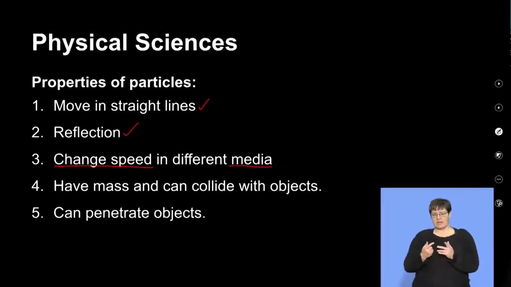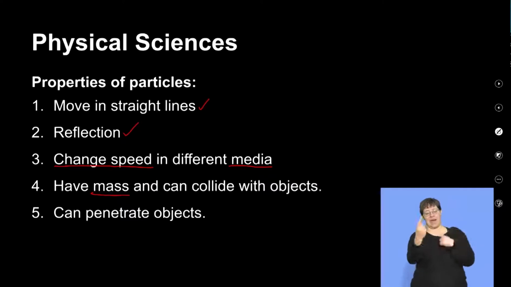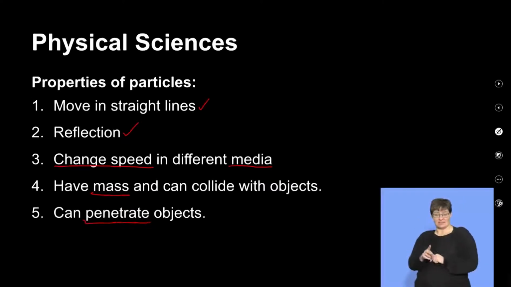Our tennis ball also has a mass, and that's how we are able to consider it a particle. And it is this mass that means it is able to collide with other objects. And the last property of particles we need to consider is that they are able to penetrate objects when they are projected with high amounts of energy.